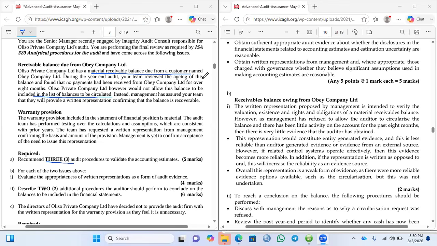But the end is that there is little evidence that the auditor has obtained. Because we are being told that they didn't allow it.